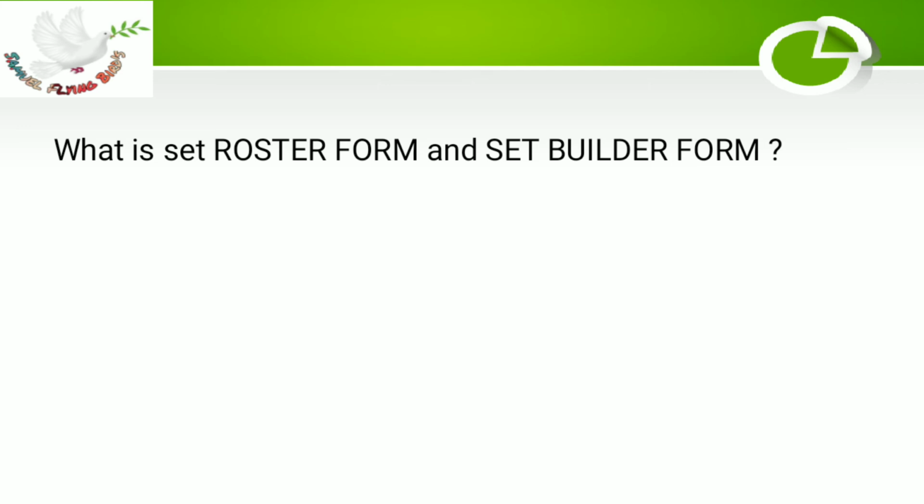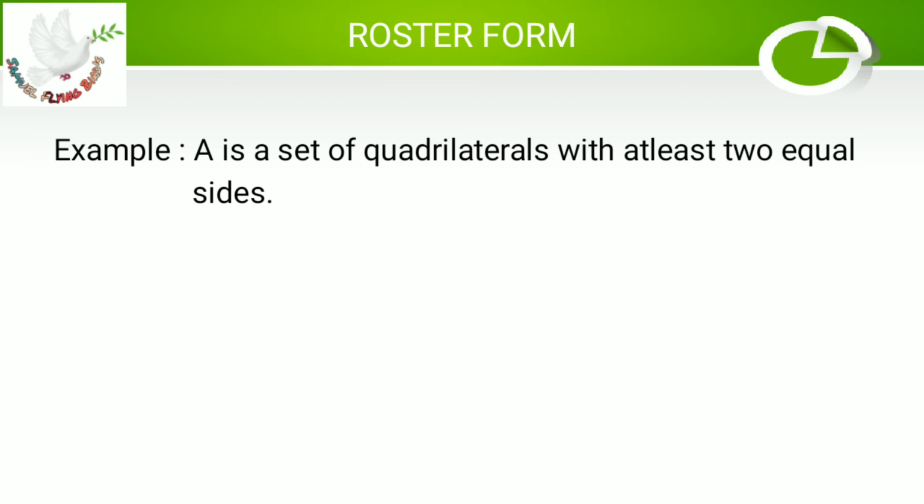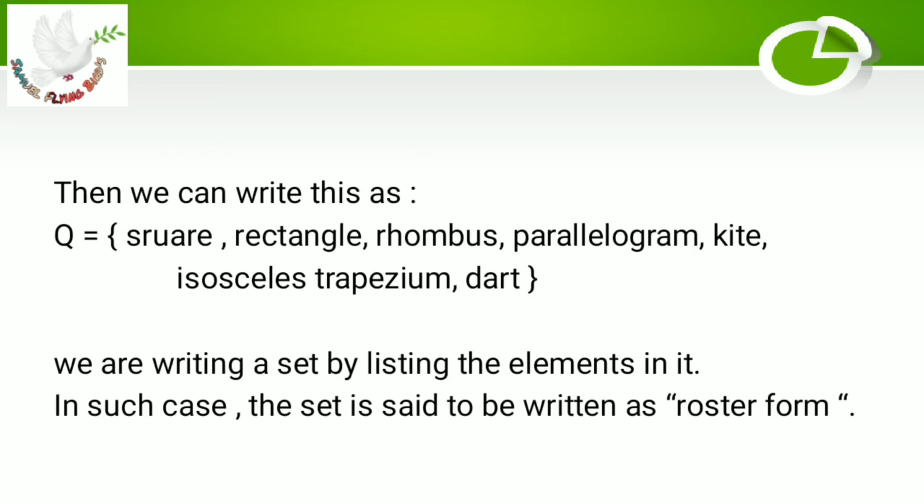Now coming to the first topic in sets: what is the roster form and set builder form? We need to study what the roster form is. First we will learn how to write the roster form by an example. A is a set of quadrilaterals with at least two equal sides. We need to write a set of quadrilaterals which have at least two equal sides.